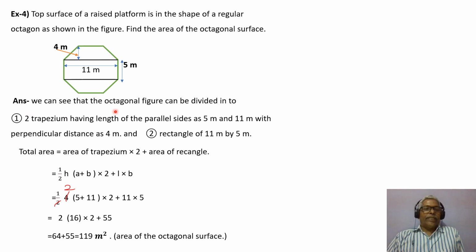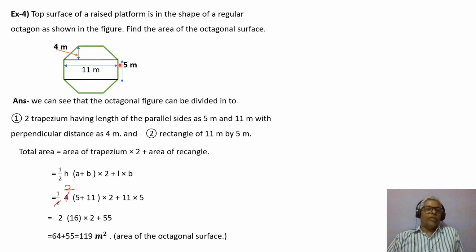We can see that the octagonal figure can be divided into, first one, two trapeziums having parallel sides of length 5 meters and 11 meters. This is one trapezium and this is another one, congruent, and two sides are parallel. This is 11 meters and this is 5 meters. As you know, this is a regular octagon.